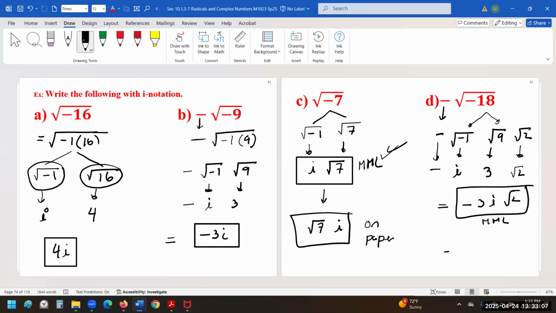But on paper, if you want, you can write -3 square root of 2 and then leave some space so that you can understand your I is not inside the radical. On paper, if you can see it's not inside, it's correct.